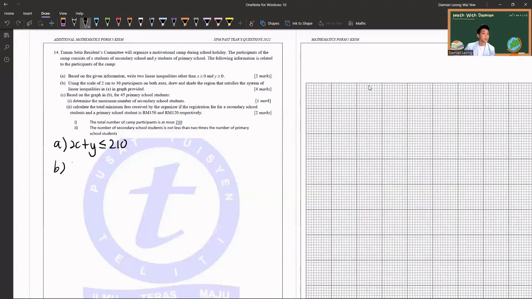Secondary students is x, not less than, means it can be more or equals to 2 times number of primary students, so 2y. So these are the two inequalities that we can get.